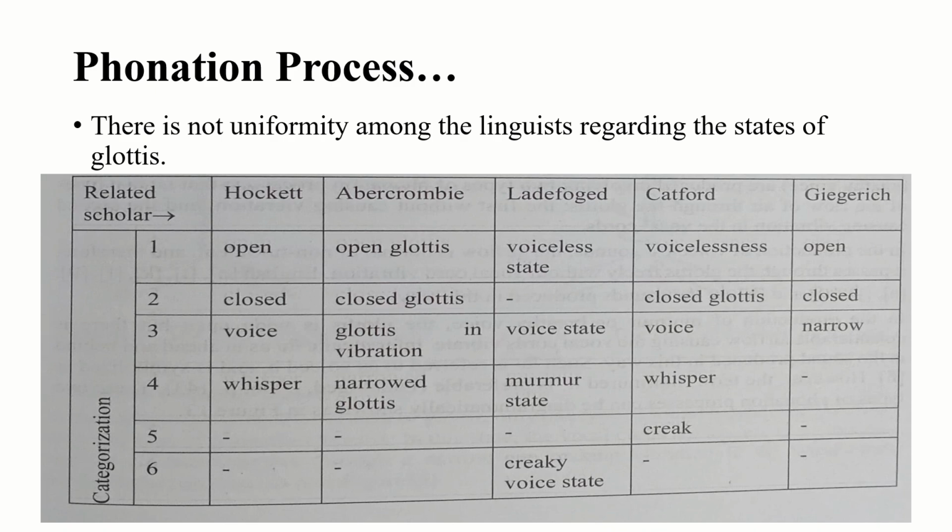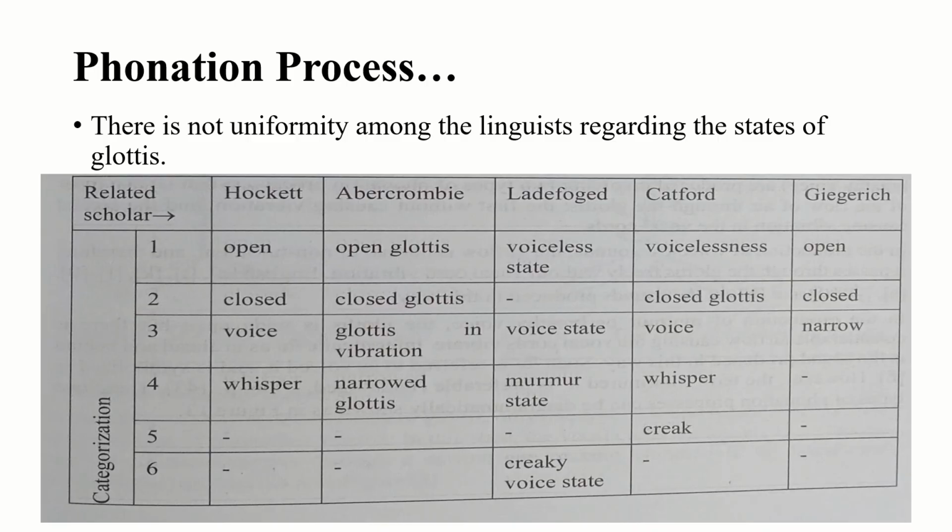According to Catford, there are five states of the glottis: voicelessness, closed glottis, voice, whisper, and creak. And Gimson said that there are three states of the glottis: open, closed, and narrow glottis.